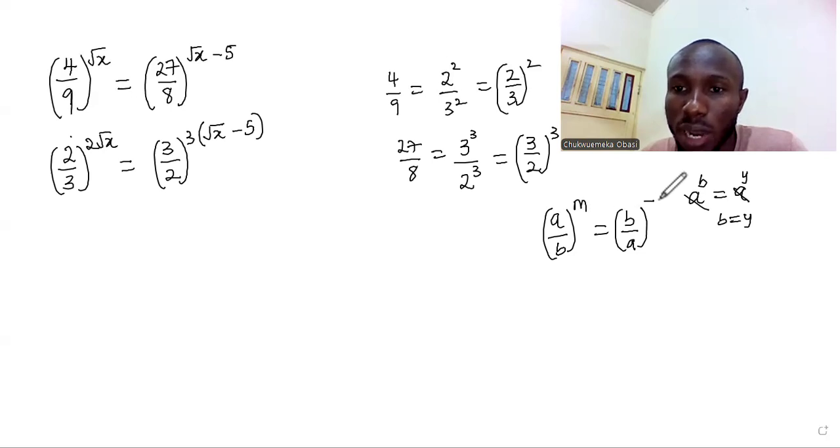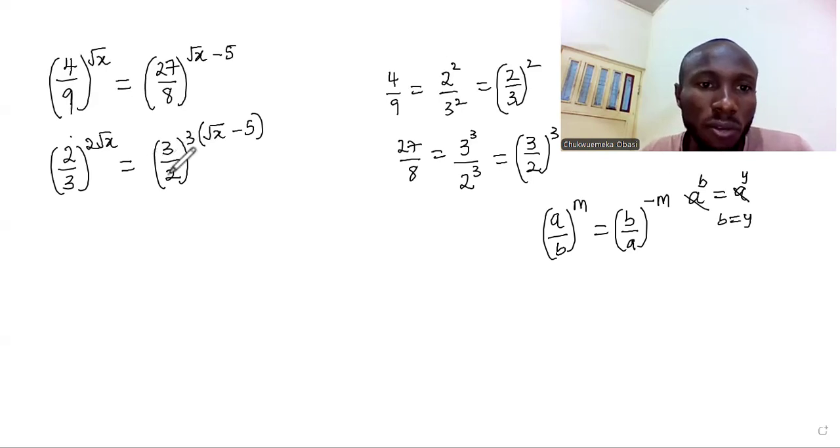So it becomes minus m. Let me explain again. a over b to the power m: if I invert this base to become b over a, then the exponent becomes negative. Every time you invert, you must bring a negative to the exponent. If the exponent is already negative, you bring another negative to it, so it becomes positive. That is the concept of inverting the base.